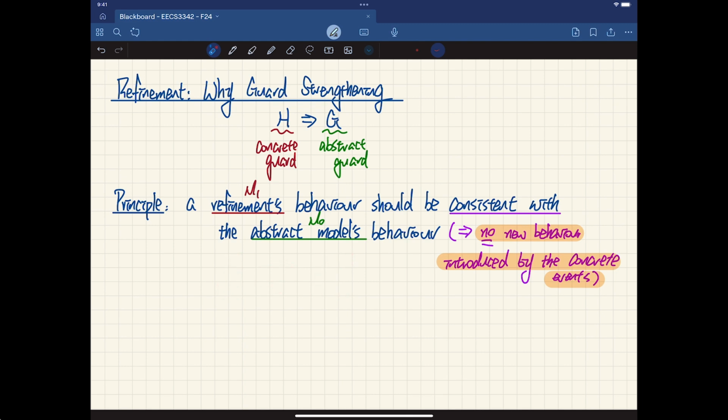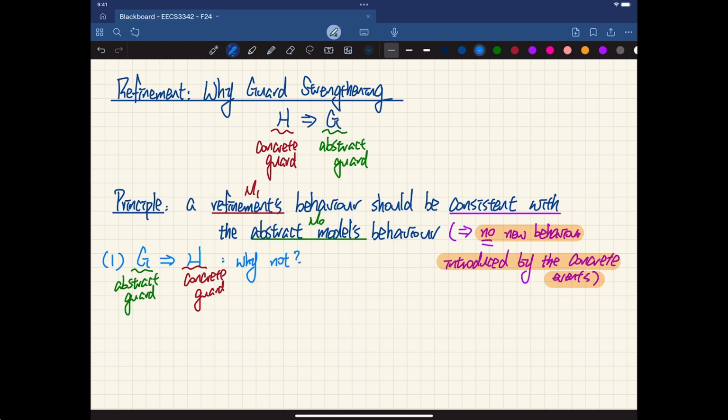All right. Let me start from number one. If I do G implies H, the G here is the abstract guard, and the H over here is a concrete guard. We want to learn why this one is not the case. Why not?